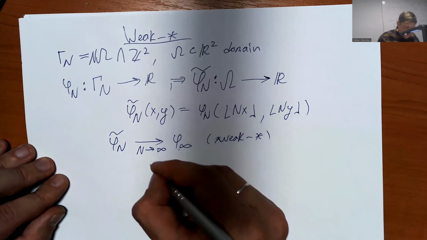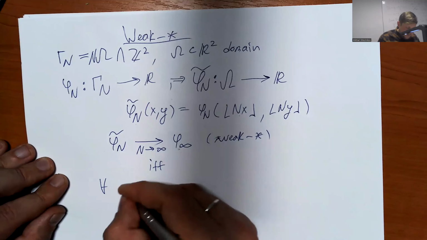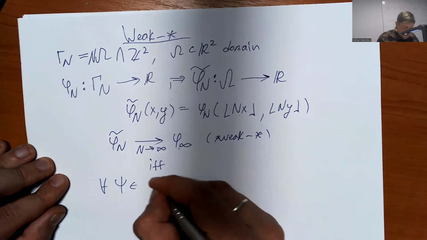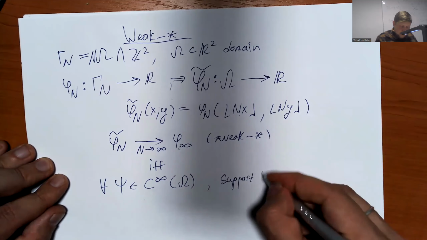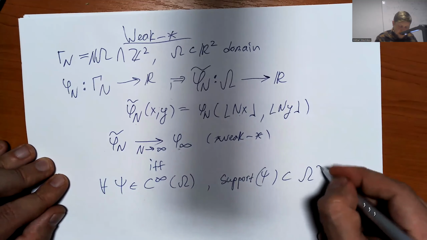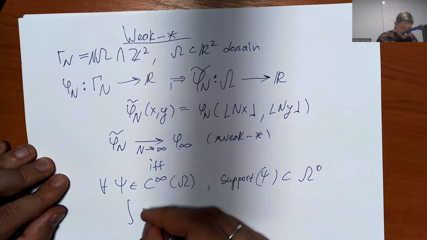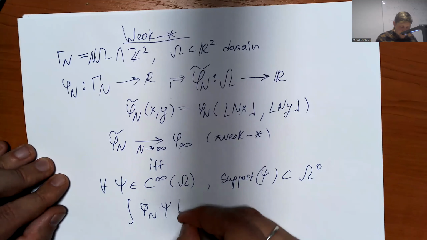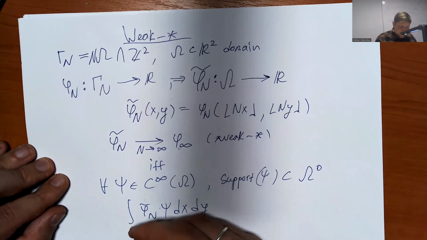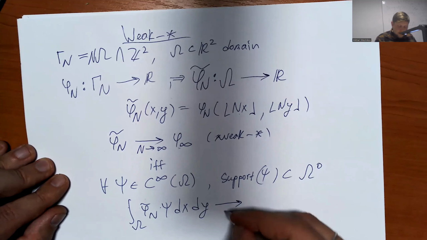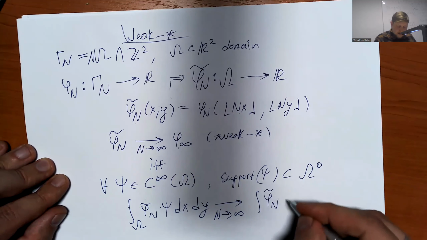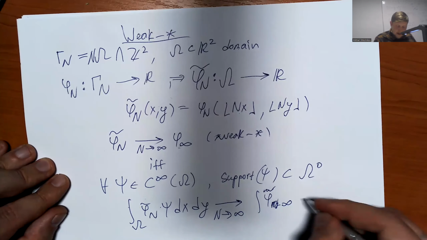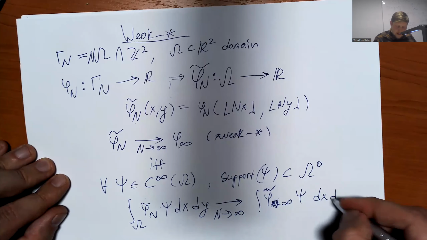So phi n weak star converges if for any test function psi, C infinity on omega with support of psi in the interior, the integral of phi n tilde times psi dx dy over omega converges as n goes to infinity to the same integral with phi infinity times psi dx dy.